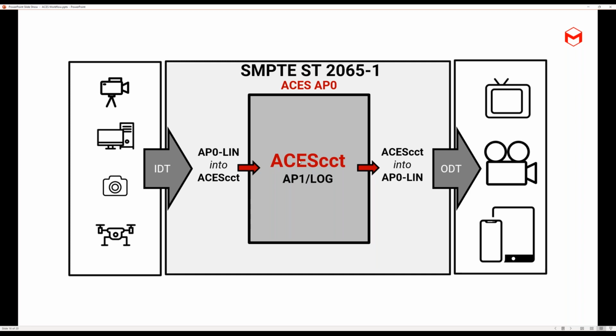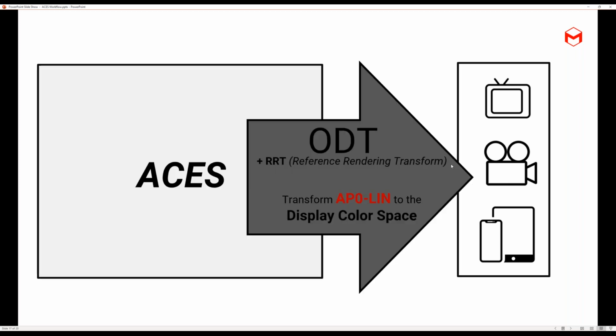Now, from AP1, if we want to archive our project, save our project for future use, we can save it back to AP0. But if we want to port it out, if we want to display or deliver our project, we need to go to a display color space, and there we need the ODT, or Output Display Transform. What the ODT does is transform your footage from AP0 linear to the various display color spaces.